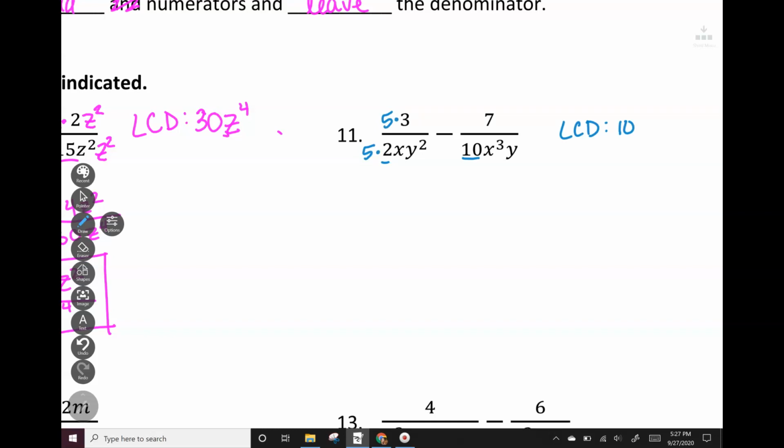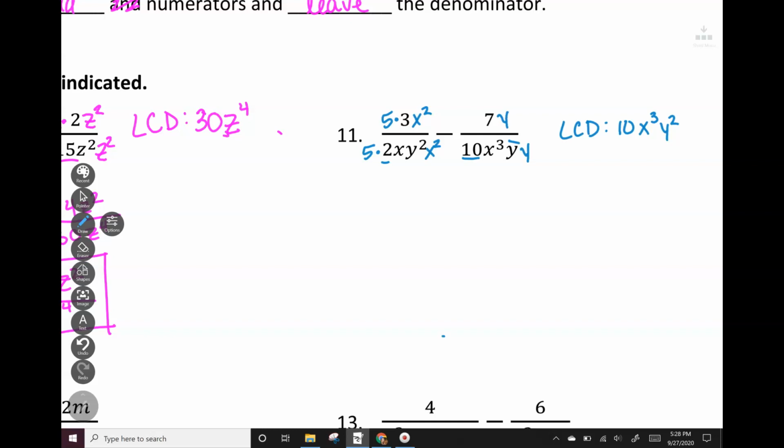Now for our variables, I have an x and an x cubed, so we're going to have to get that x cubed, always using that higher exponent. And for the y, I see a y squared, so I'm going to have to go for that y squared for both. So I need to multiply by x squared in the first rational expression to get x cubed. And then I'm going to have to multiply by a y in the second one to get y squared.